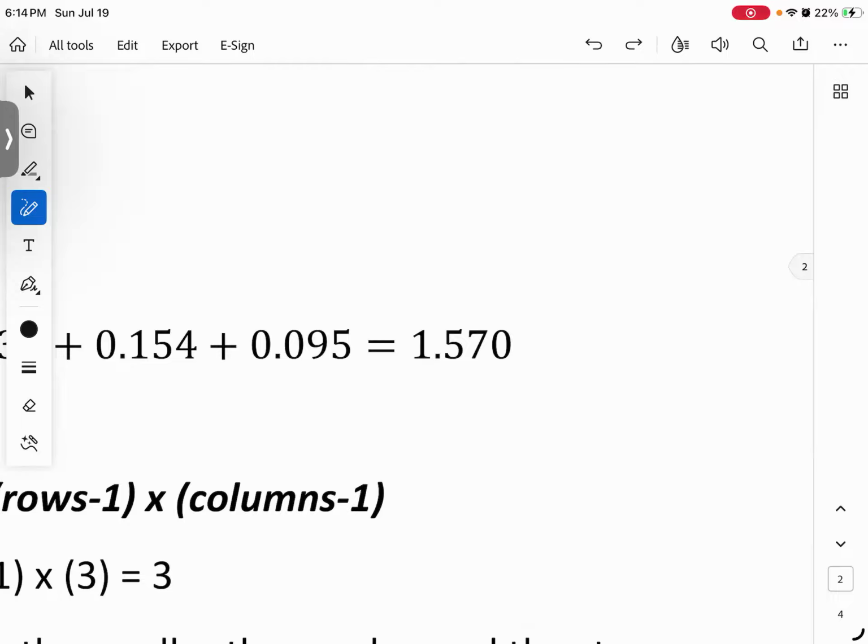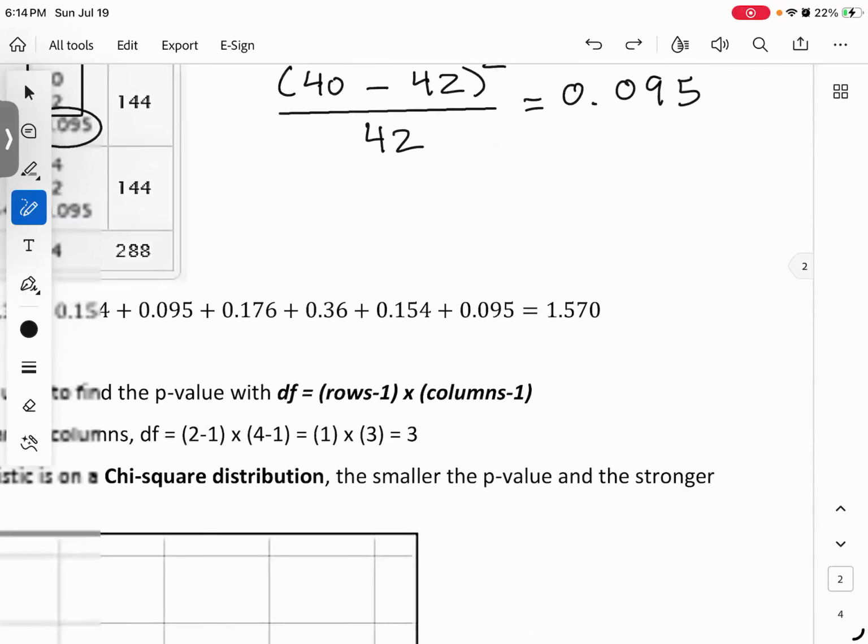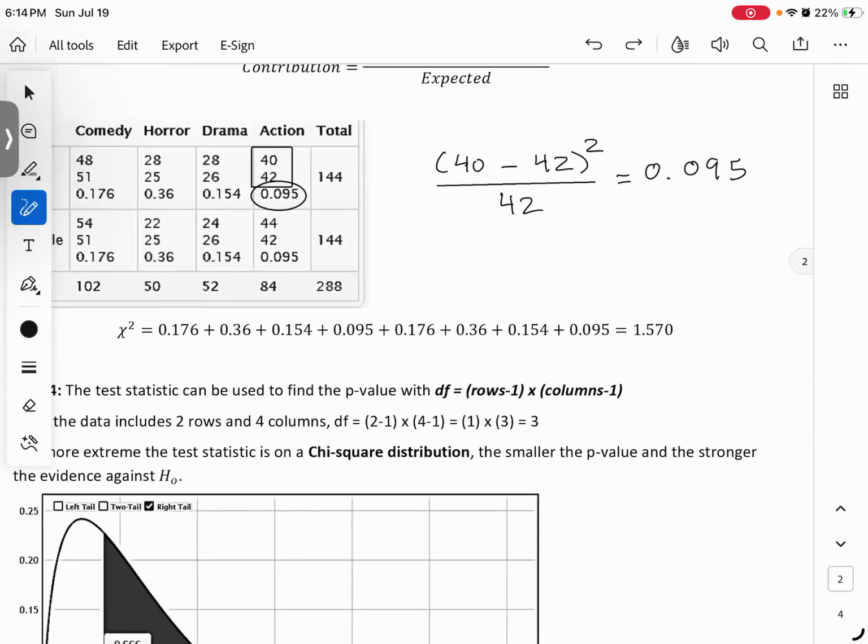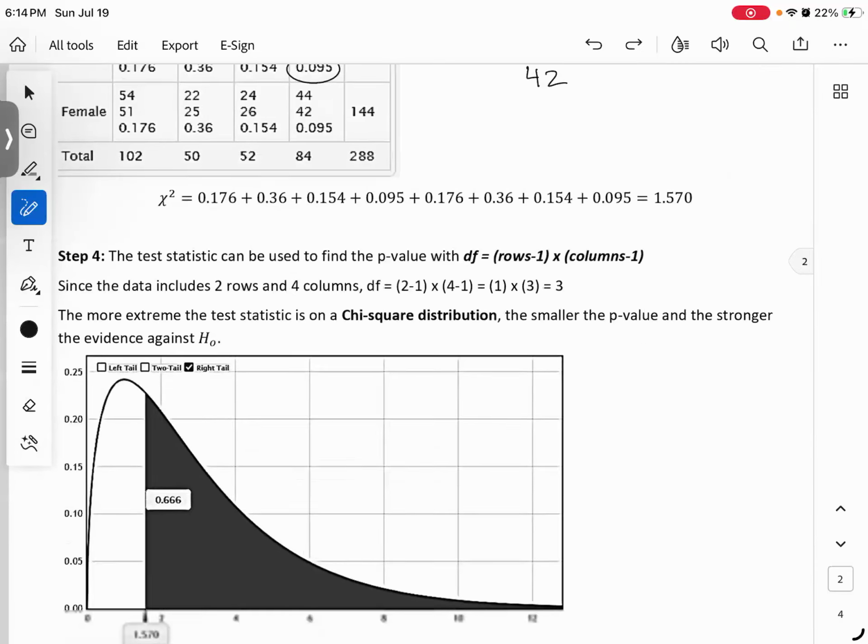It's not exactly that when you start doing the standard normal distribution or the t distribution. You can expect there to be a smaller p-value. This one's looking like maybe not so, but this would be your chi-squared test statistic.